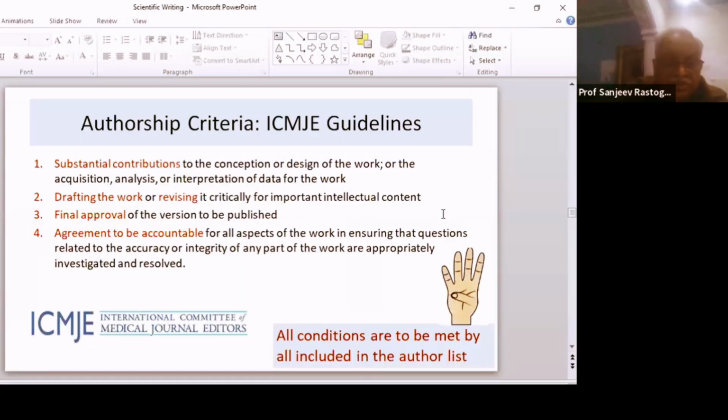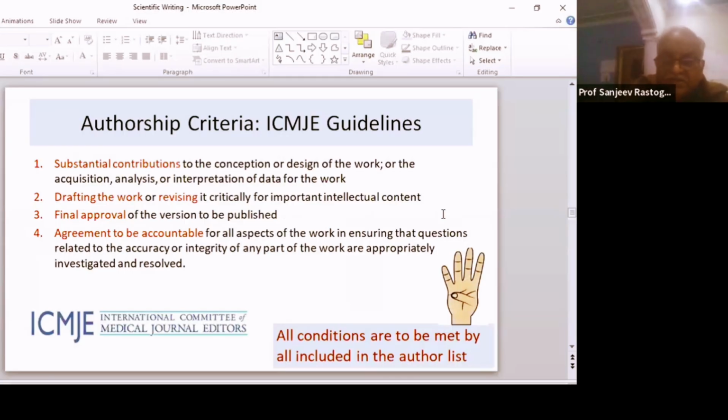Okay. So the International Committee of Medical Journal Editors is an international body which has clearly defined who should be listed as the author. They have defined authorship criteria, which comprise 4 categories, four qualities actually. And every author who is listed in the manuscript should fulfill all four criteria.